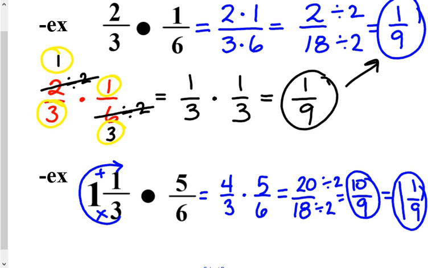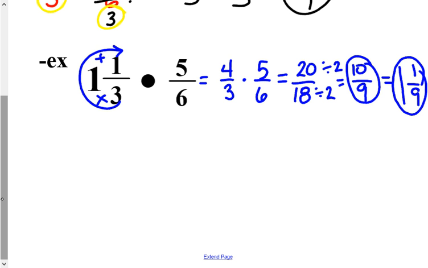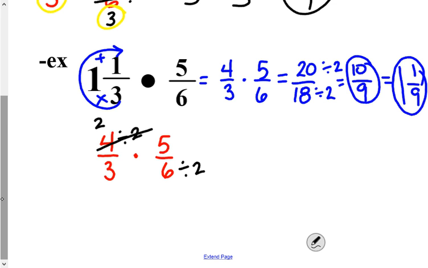All right, so looking at the second example and cross-simplifying in that one, we had 4/3 times 5/6. So what I want to do is look and see, does 4 have a common factor with 3 or 6? Does 5 have a common factor with 3 or 6? So when I look at this, 4 and 6 have a common factor. So I'm going to divide them both by 2. 4 divided by 2 is 2, and 6 divided by 2 is 3.